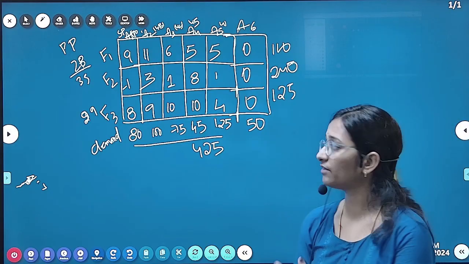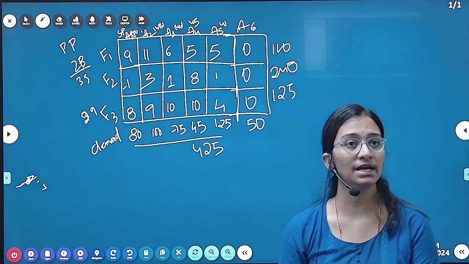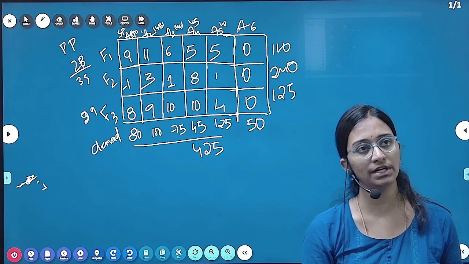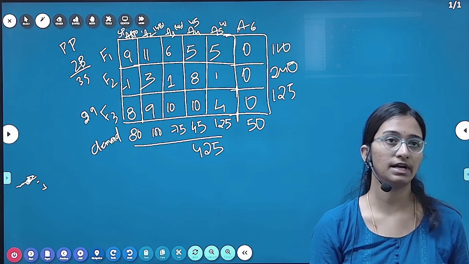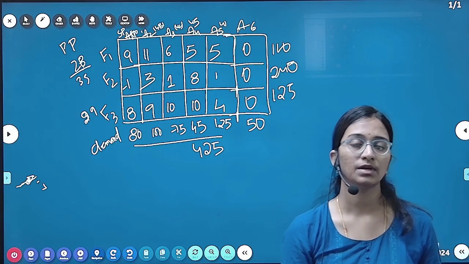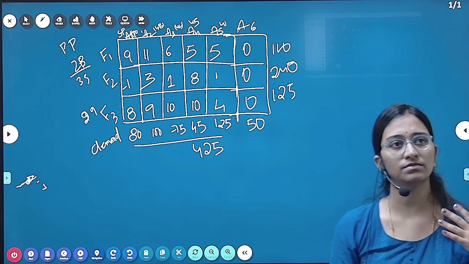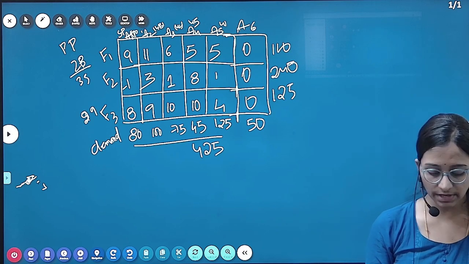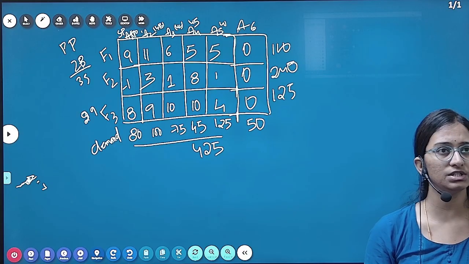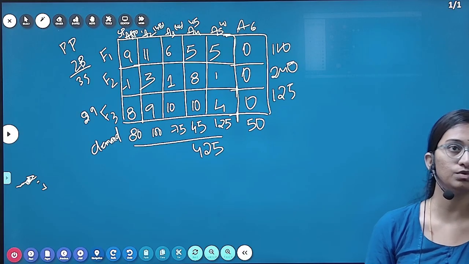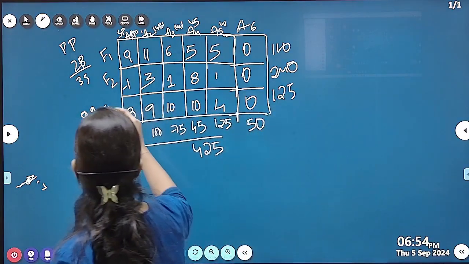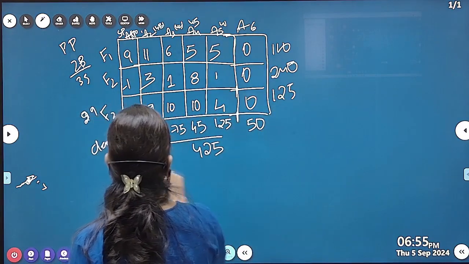The step is the same, only the terms are different.